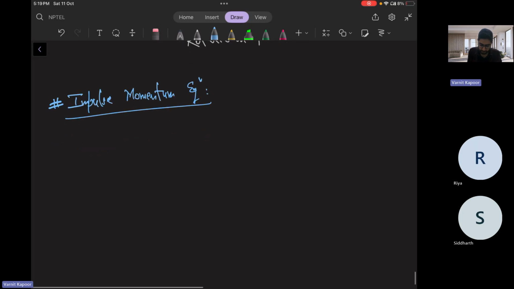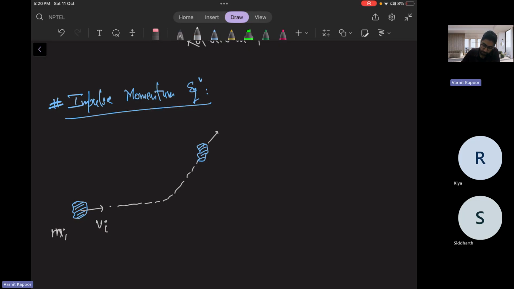So suppose I have a fluid particle like this, which has an initial mass m initial and is moving with a velocity v initial, flowing inside a bent pipe. Because of the bend, the particle will change its motion, and the final velocity becomes Vf and mass becomes Mf.